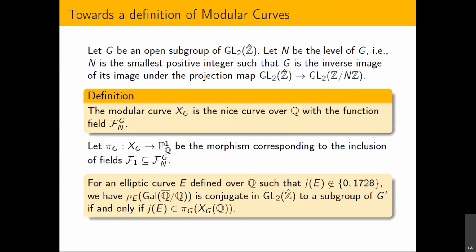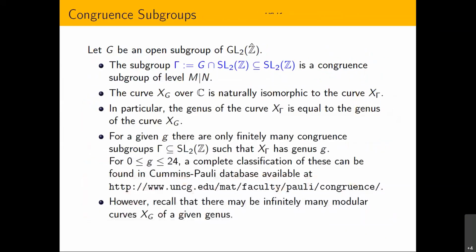Okay. So let me discuss how these modular curves are connected to congruence subgroups. If G is an open subgroup of GL2(Z hat), then if I intersect that with SL2(Z), that's a congruence subgroup. But the catch is that their levels are not the same. The level of gamma divides the level of G. But they are naturally isomorphic over C, so their genus are the same.